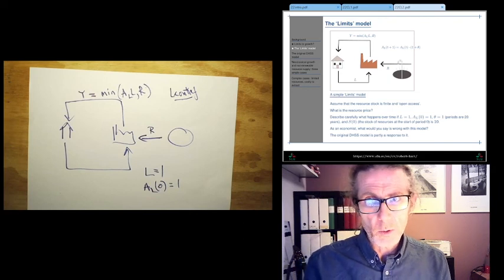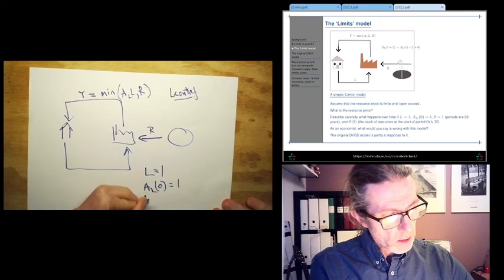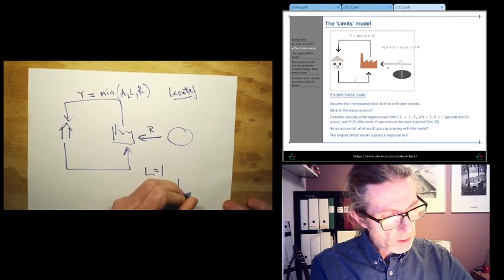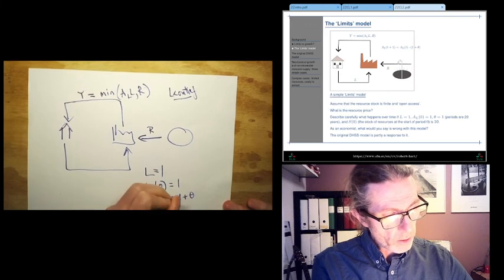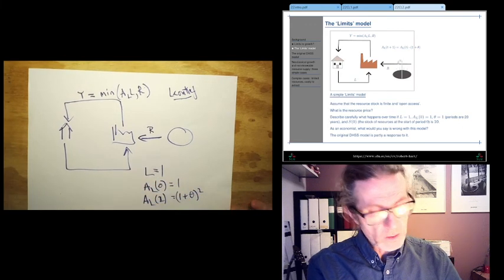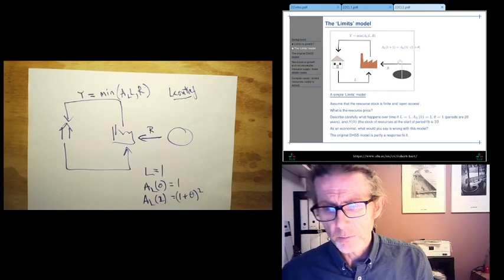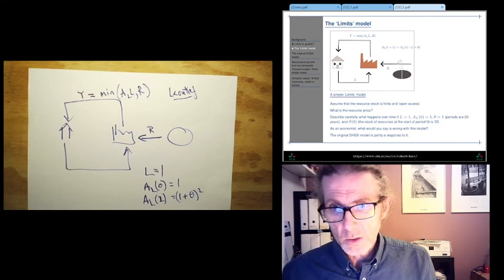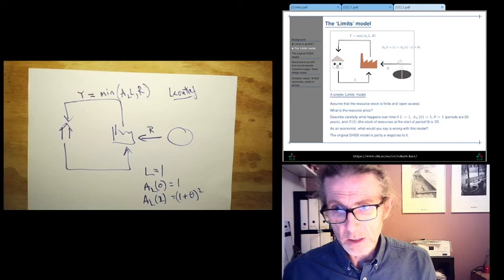But in subsequent periods, it grows. So AL1 is 1 plus theta. And AL2 is 1 plus theta squared, and so on. And theta is 1. So it basically means that productivity doubles every 20 years.